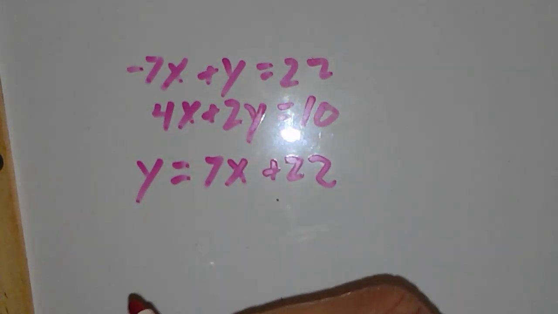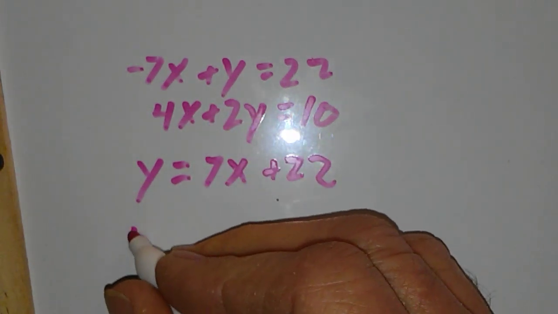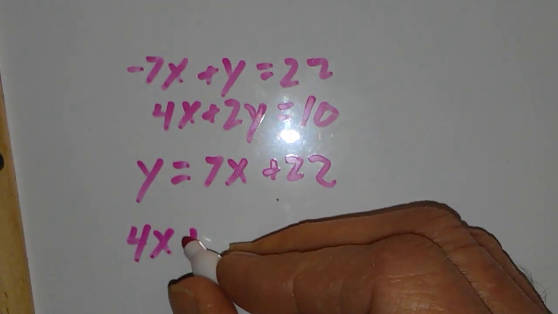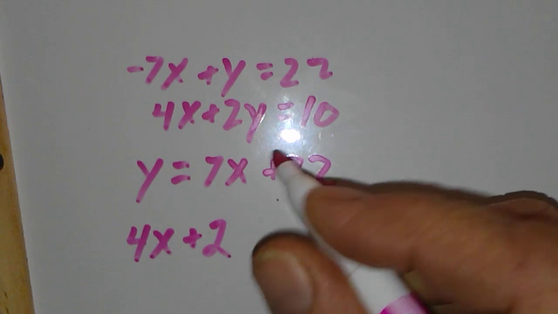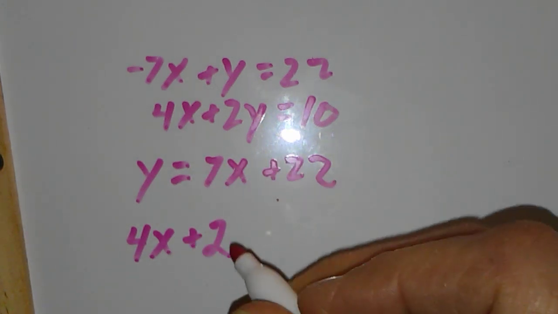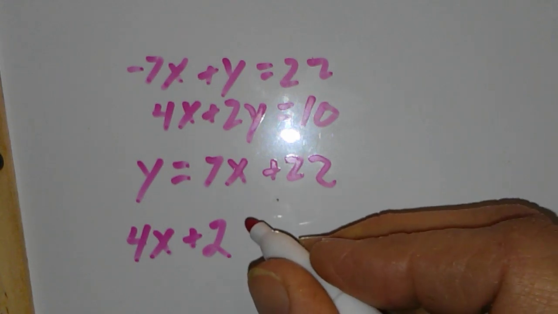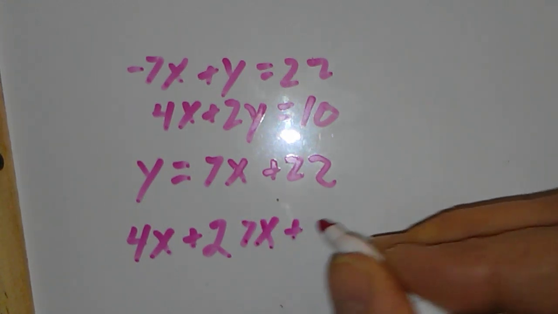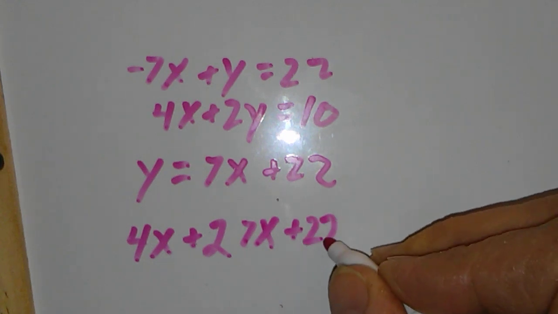So I'm going to take my second one now, 4x, and I want to get rid of the y. It says plus 2y, but I know from the first one that y equals 7x plus 22. So that's what I'm going to substitute: 7x plus 22. But you can't write it this way.